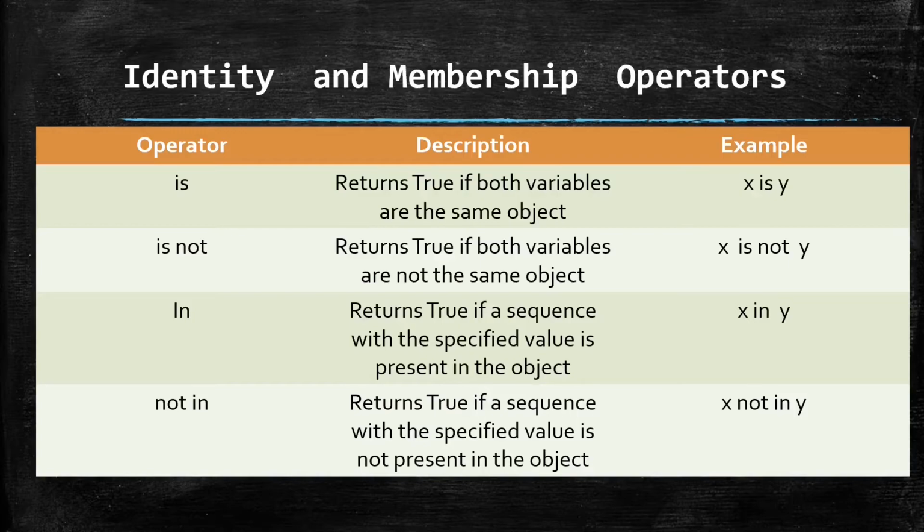Let us see x is y and x is not y. This internally works like equals, but instead of using the equals operator, we will use is and is not. Let us see it in our Python shell.